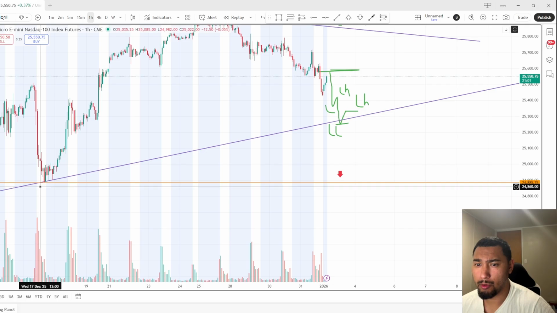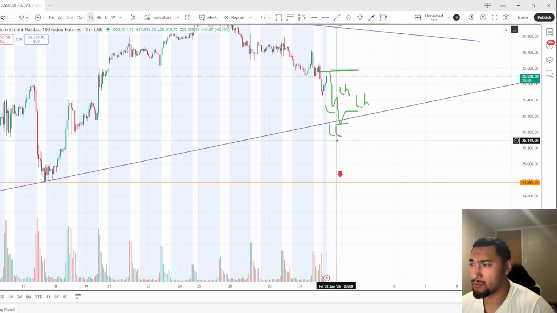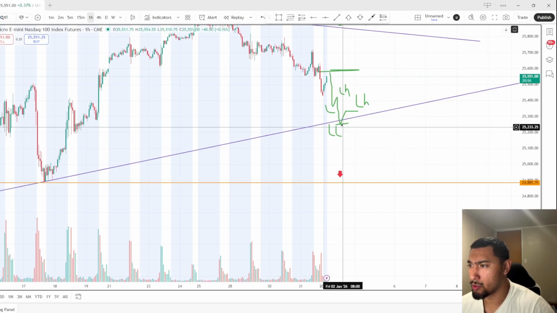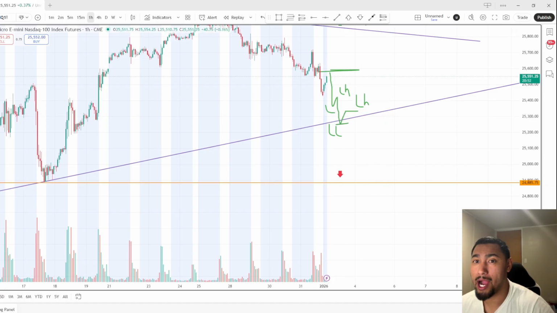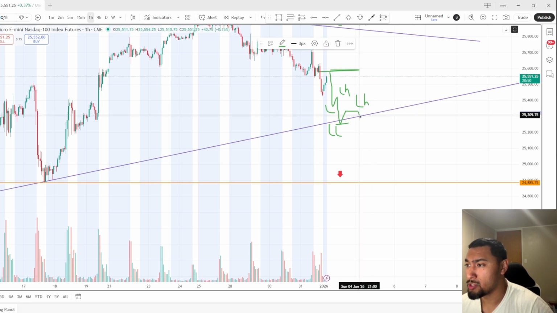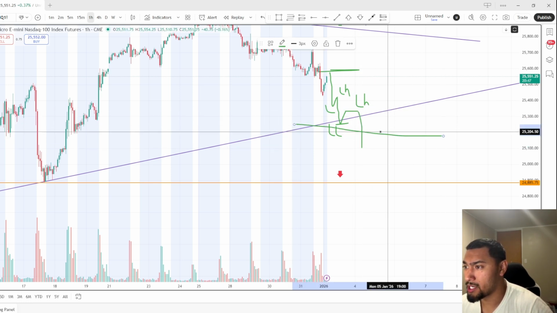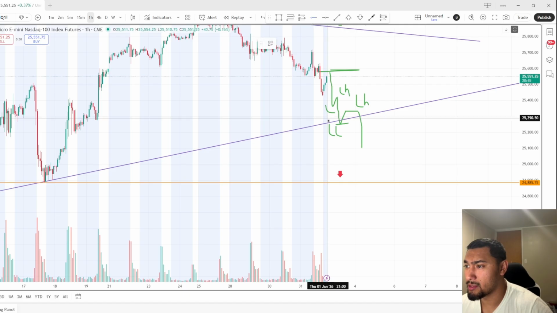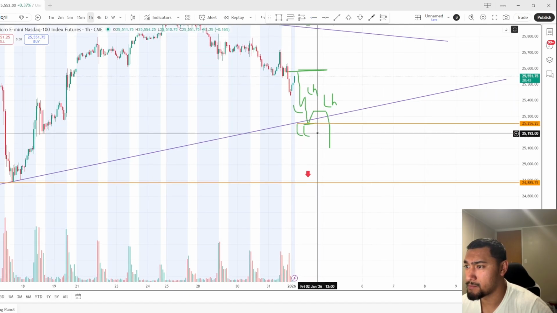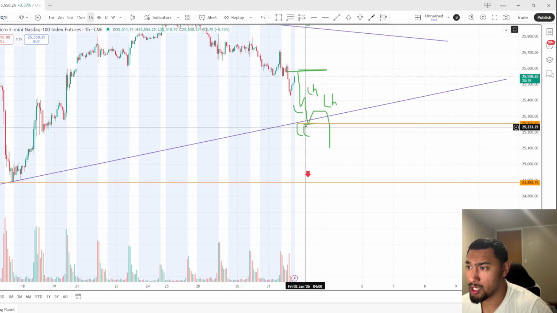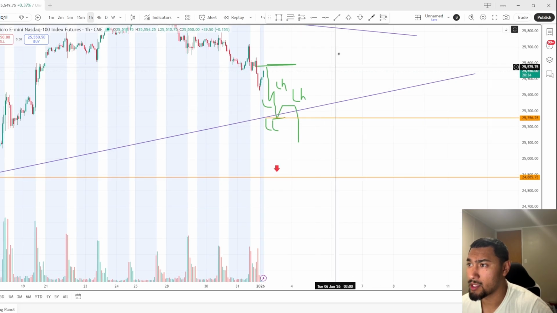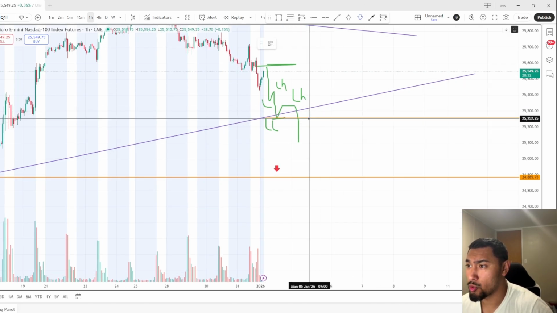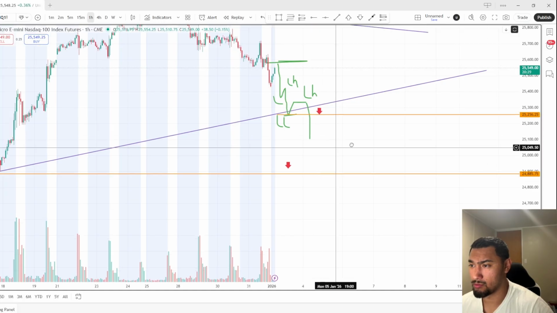And then we break this trend line off this lower low. We broke this trend line, create a higher high. A lower high. Dang. Once we come back down and break that low that we just broke below that trend line, and we're below this trend line, once we break that low and we're below this trend line, we can short anything below that level back down into this area.